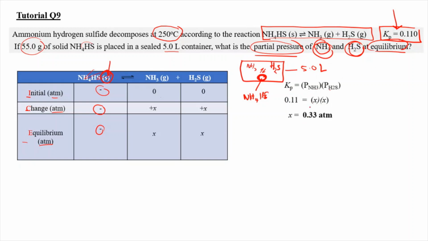And then we do the maths here, which is X squared is equal to 0.11, and X is the square root of 0.11. So we're going to get X to be 0.33 atm. Okay, and then you need to do the conclusion in which the partial pressure of ammonia at equilibrium is equal to X, where X here refers to 0.33 atm. Similarly for the hydrogen sulfide at equilibrium, which is equal to X, which is equal to 0.33 atm. Alright, so that's all for tutorial question 9.